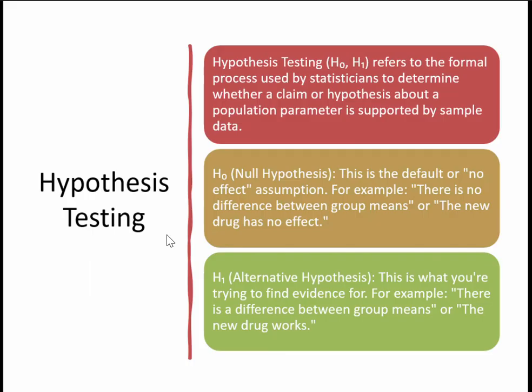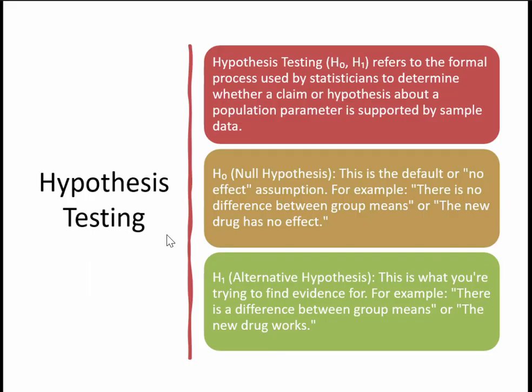So that's what we call hypothesis testing. You come up with a theory, a claim, an assumption, a guess, and using the data, you draw a conclusion whether your guess is true or false.